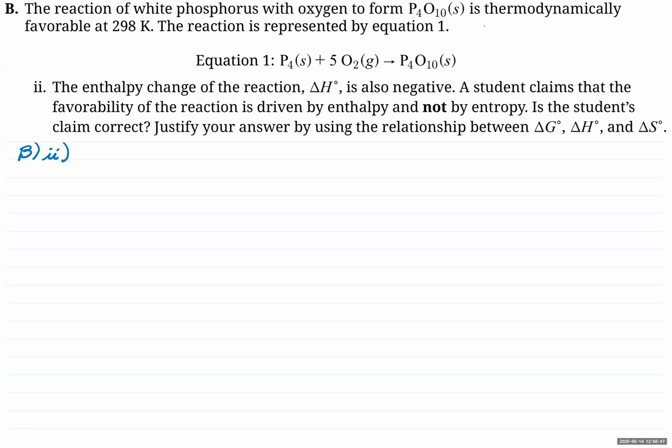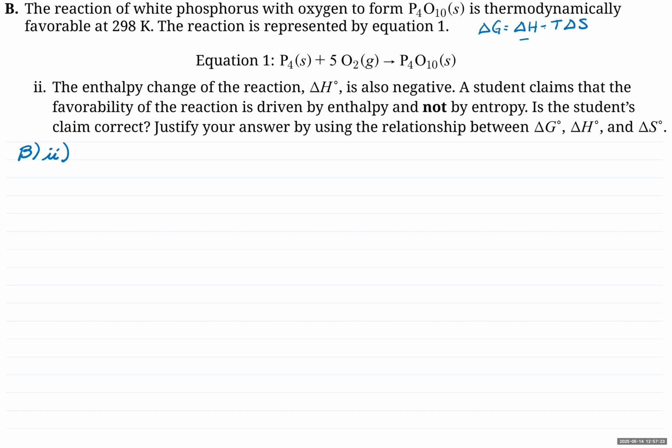We know that the equation is delta G equals delta H minus T delta S. And I'm sure in your AP chemistry textbook, we know the four conditions that ensure spontaneity. Spontaneity happens when delta G is negative, or favorable conditions. And how do you get that? You get that when delta H has a negative value, in case of exothermic.